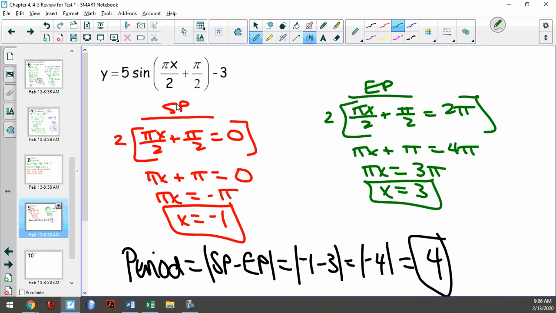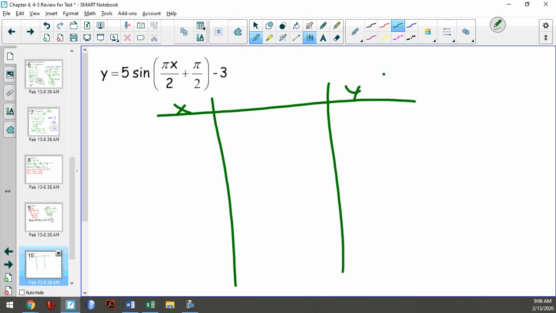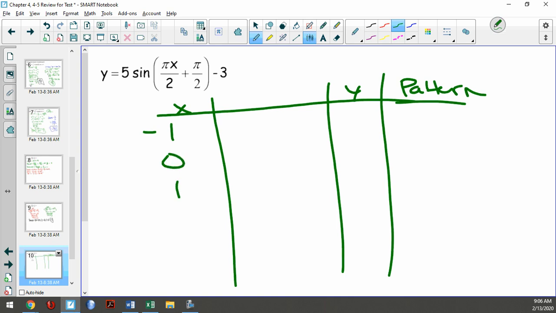Yes? So now I'm going to go ahead and make my x, my y, and my pattern. I'm starting at negative 1, and I'm adding 1 unit, so that's 0, 1, 2, and 3. I added 1, which is my interval, every time.